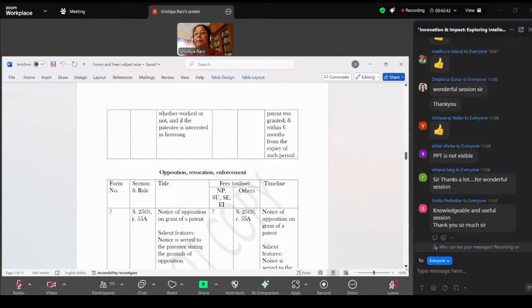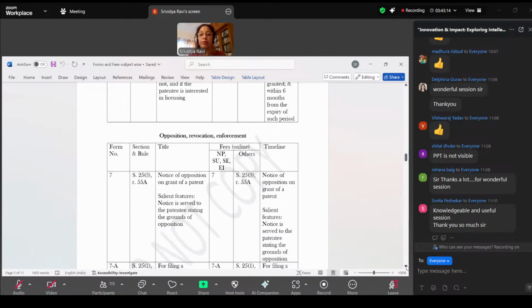But if that patentee is being unjustified to the market, he's not able to justify his price, he's not able to justify the quantities he's producing, then there can be a third entity which comes into the picture and says, give me the license and I will do it. And the government, or the patent office, will look at that application and decide whether such a license needs to be granted. Okay, all those are covered through various forms.